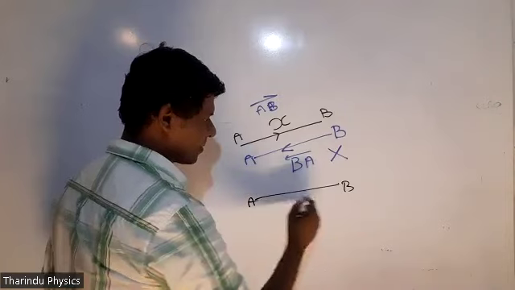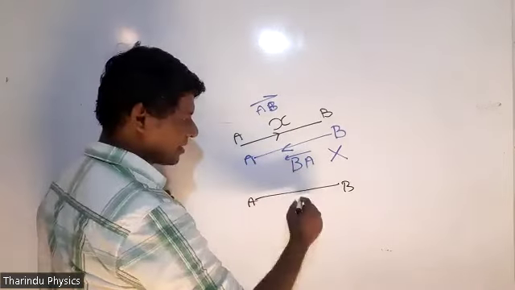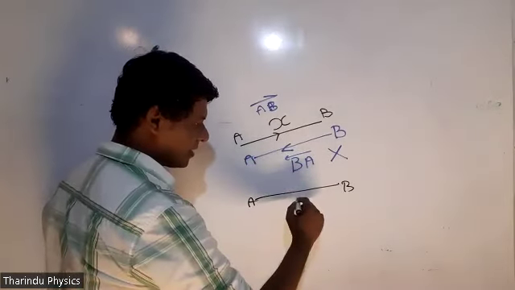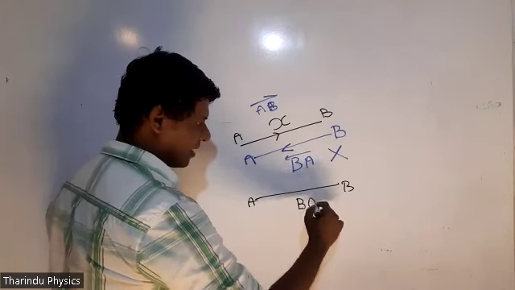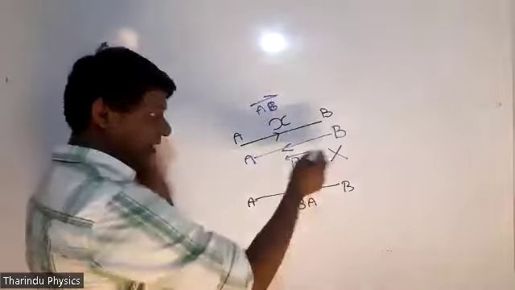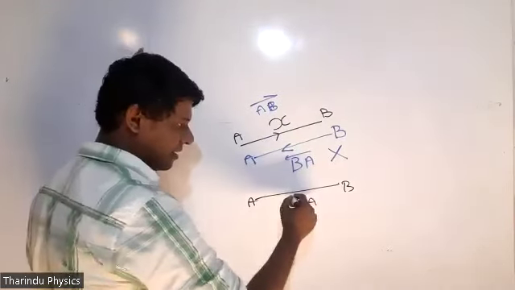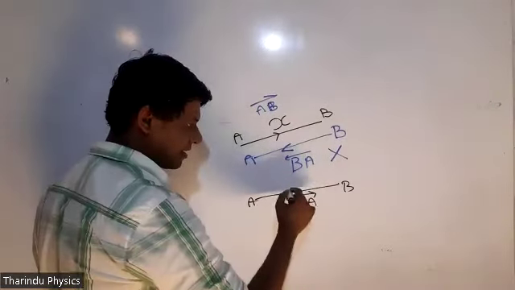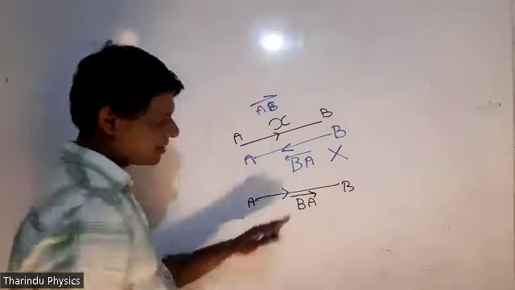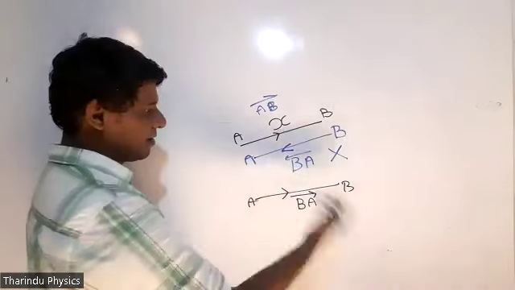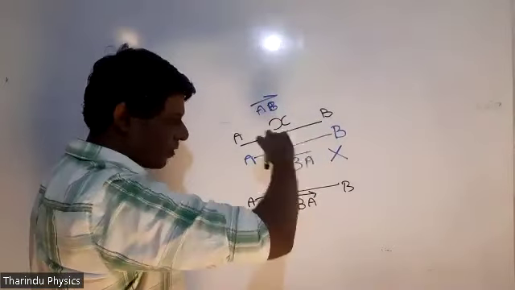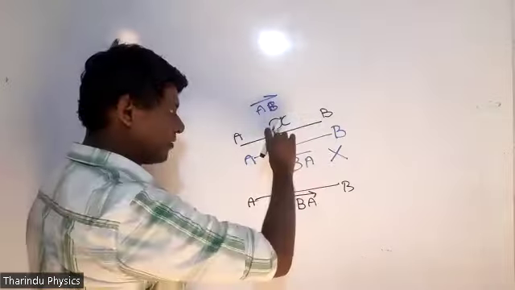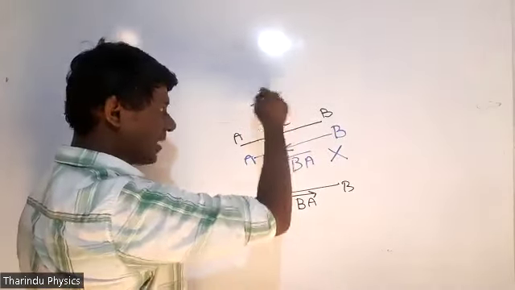AB. Now what you can do is, actually the vector is BA, right? Not AB. It is the BA vector, still in the same direction, but you did it by altering the symbol. It was AB before.